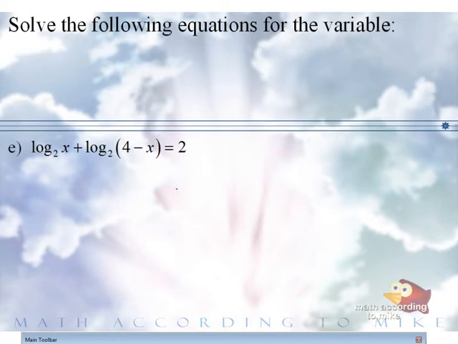So we need to turn these 2 logs into 1 log. If we're adding logarithms, what do we do to the arguments? You multiply them. That's your product rule. So if you add 2 logs, you can multiply the arguments. So we'll have log base 2 of, if we multiply those arguments, what do we get? 4x minus x squared.